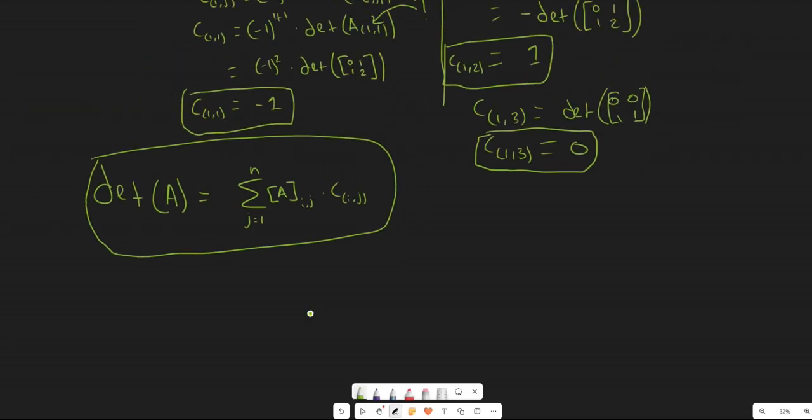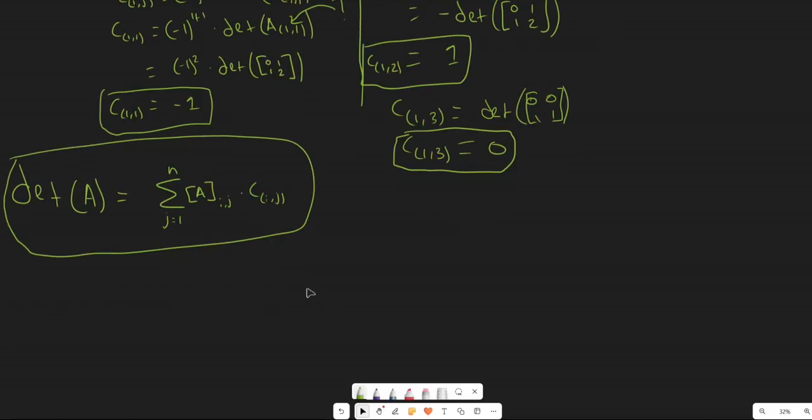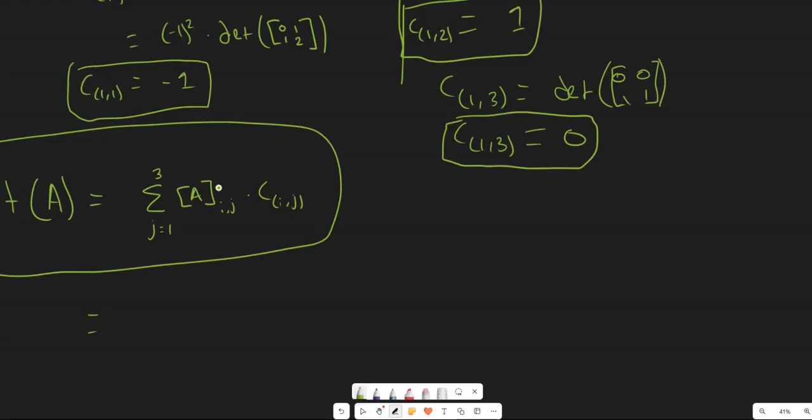So let's go ahead and actually use this formula. What this formula is stating now is I'm summing this from, for our particular case, n equals 3. So we're going to sum till 3. So this means I'm going to take my i, which is already a constant. It's 1, right? So I'm just going to write 1 and 1.